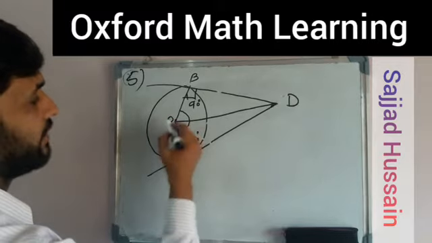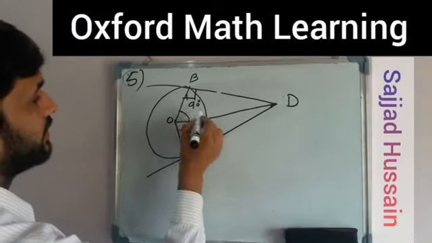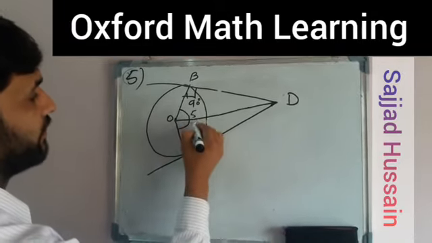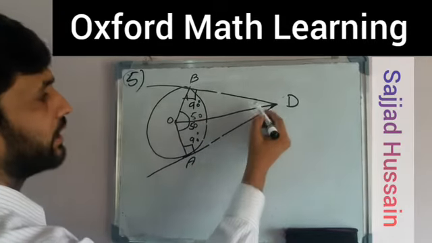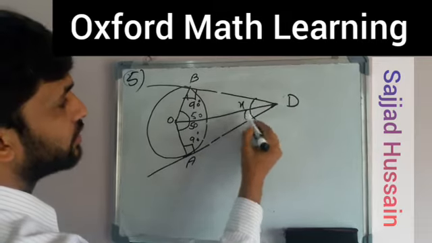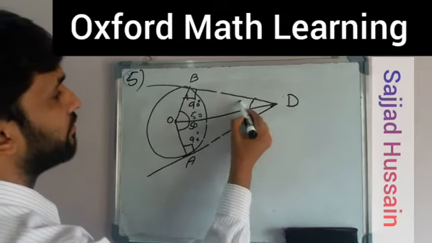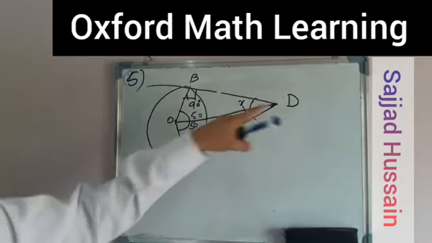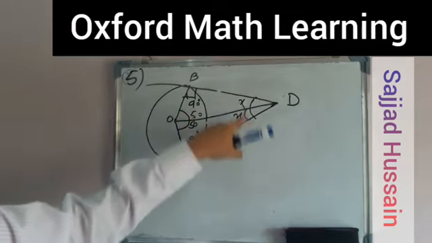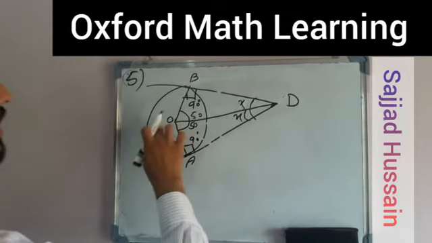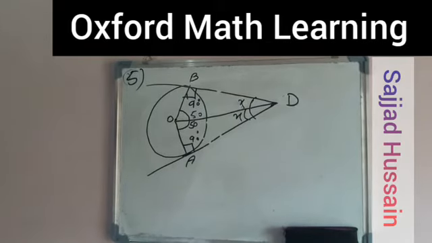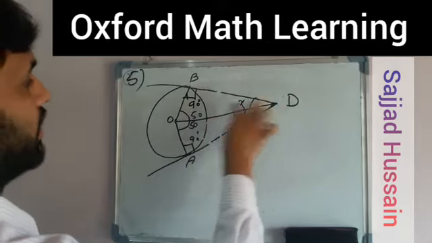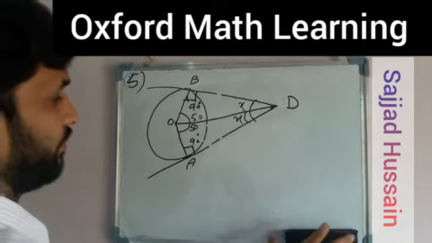If it is 100, it becomes 50-50. These are the same, and these are also the same. Two tangents towards the center cut the angle in half.